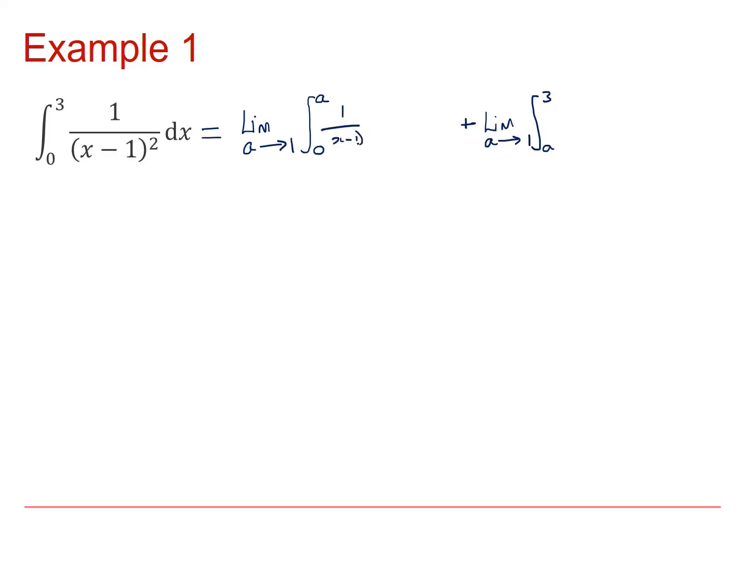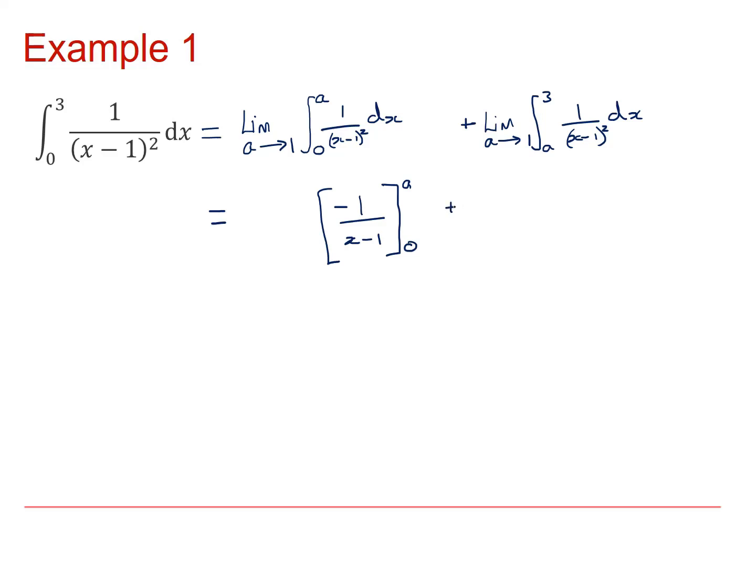So this is 1 over (x minus 1) all squared dx, and this is 1 over (x minus 1) all squared dx. Well, the integral of 1 over (x minus 1) all squared is equal to minus 1 over (x minus 1). For the first part, it's going to be evaluated between 0 and a.